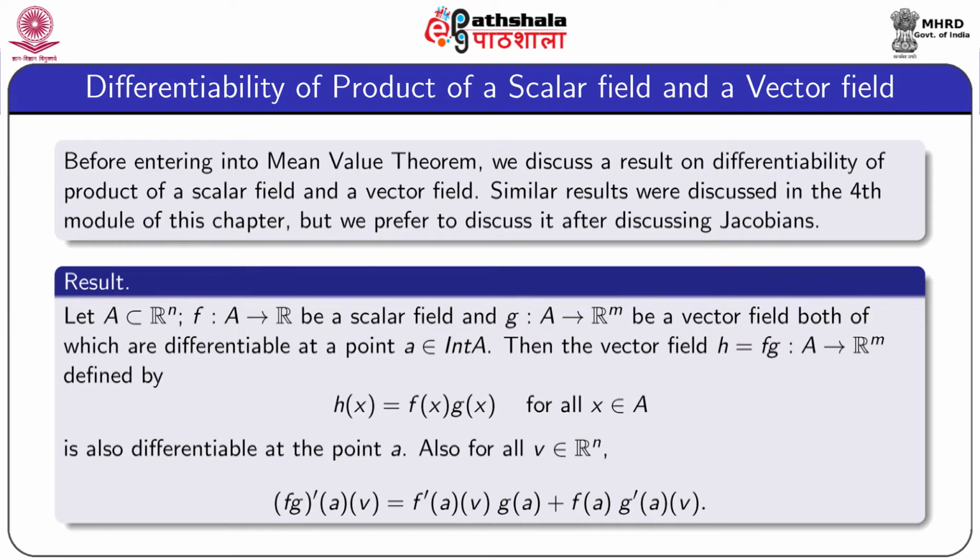Moreover, for every v in Rn, (fg)'(a) operating on v equals f'(a)v g(a) plus f(a) g'(a)v. One thing to note here: whenever we discussed similar results in our earlier modules, we expressed them as (fg)'(a), but never took v with it.